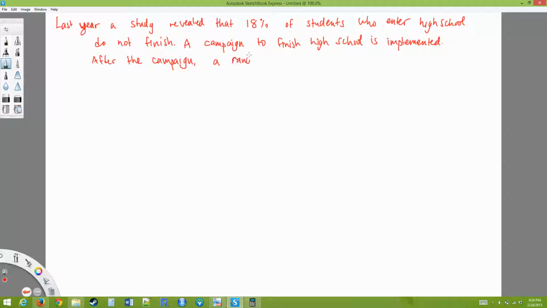A random sample is taken of 1,000 randomly selected students, and 155 do not finish high school.